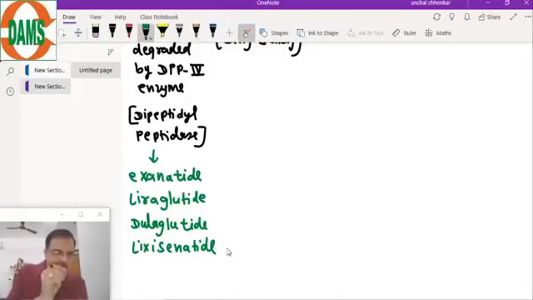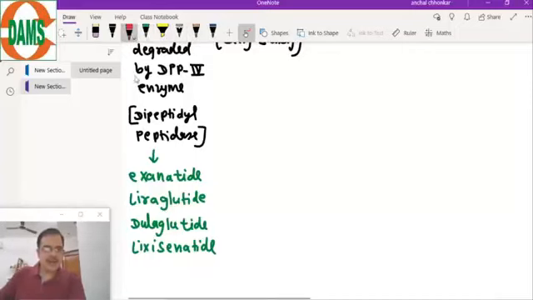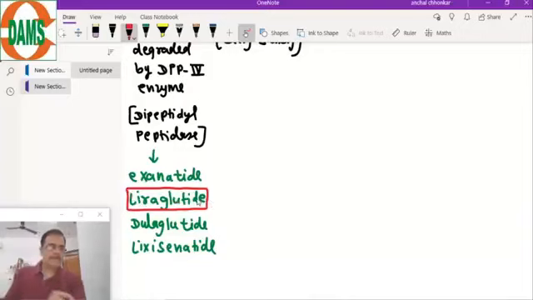These are the GLP agonists. They will cause the release of insulin in a glucose dependent fashion. And the most commonly used here is liraglutide, the most commonly used agent.